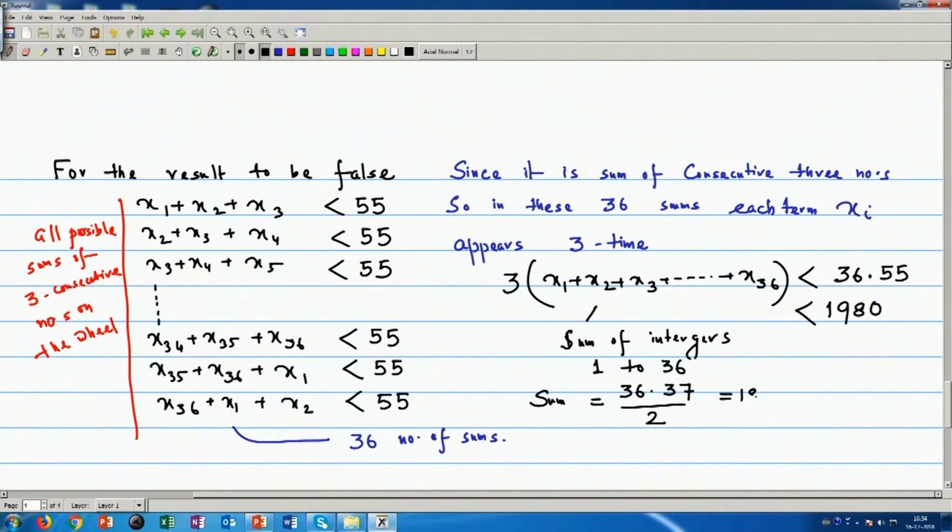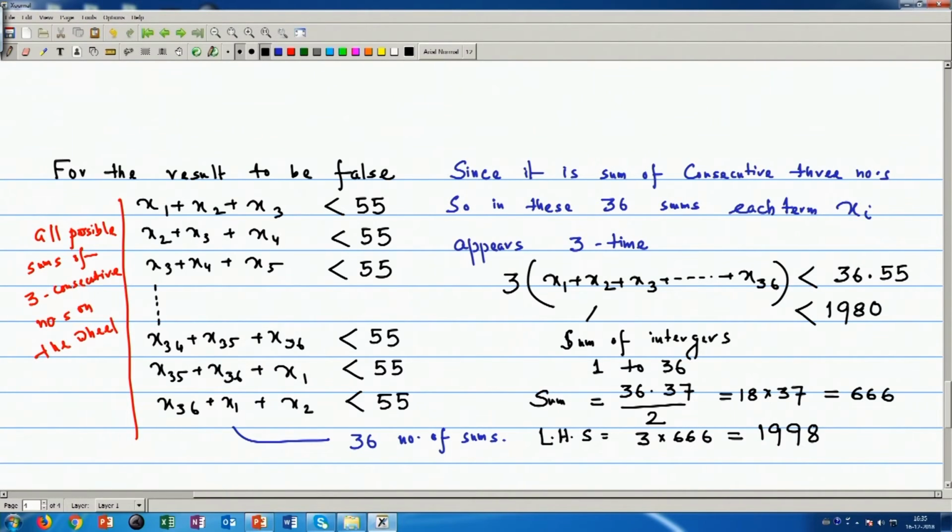18 into 37 is equal to 666. So, my LHS is 3 into 666, which becomes 1998.